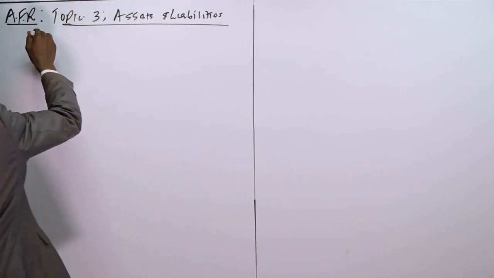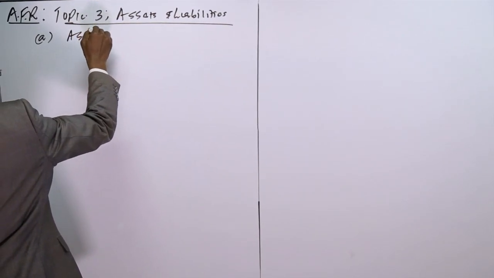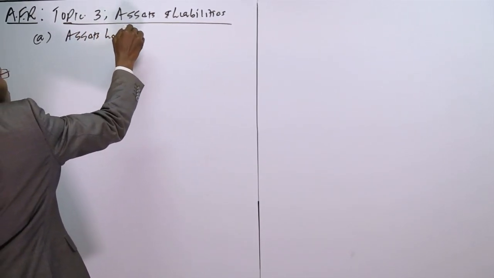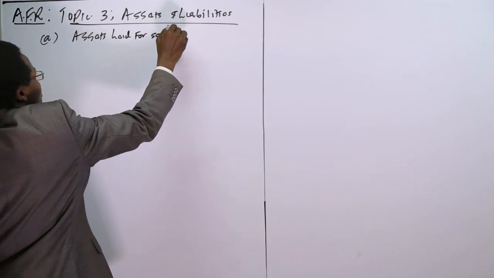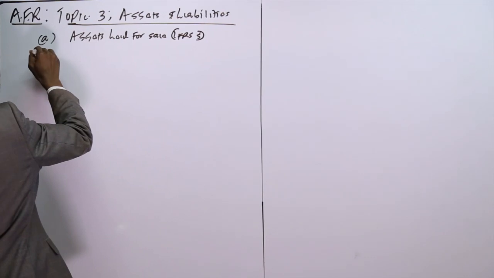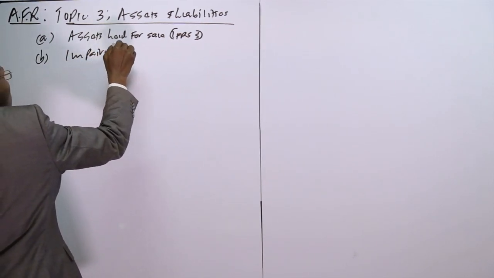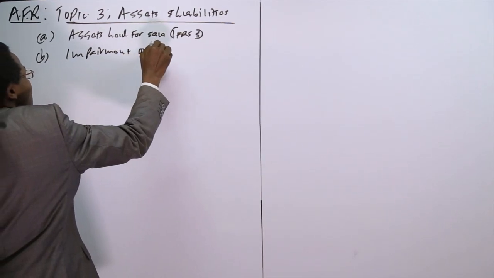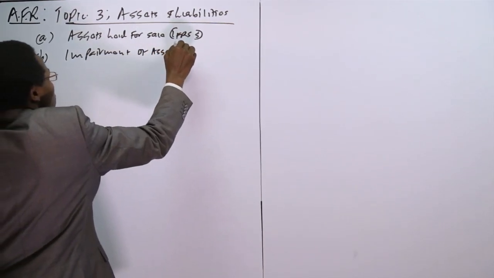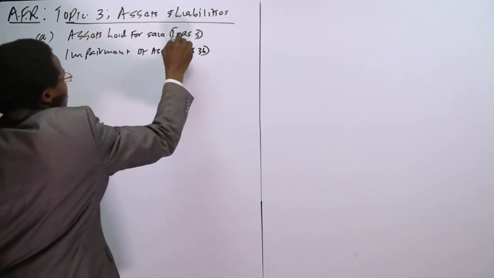In assets and liabilities, we had assets held for sale, that is IFRS 5. We had impairment of assets, that is IAS 36.